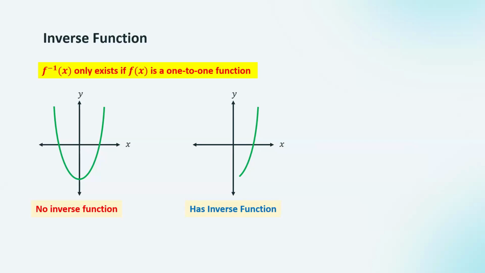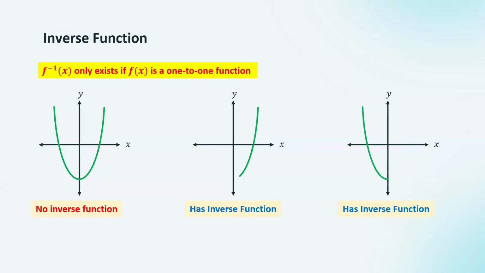I can also cut the quadratic function in a different way, like this. I cut it in half and have the left side as the leftover. Now this one is also a one-to-one function, as you can see, and this one has an inverse function. So what's the conclusion in these two cases?